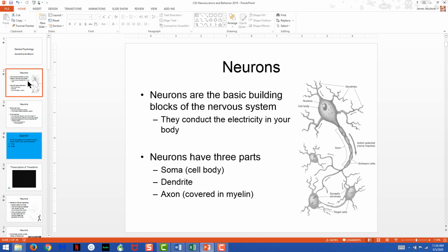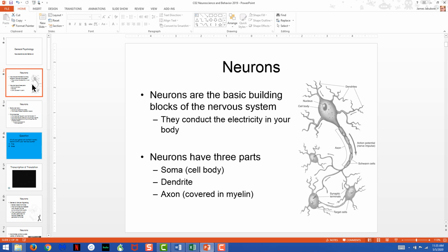To get started with, we're going to take a look at the most basic building block of the nervous system, and that's called the neuron. The neuron is the proper name for a single individual cell in your nervous system. Generally, in everyday language, you talk about nerves or the nervous system, but technically, a nerve refers to a bundle of individual cells that essentially make a cable that run through your body.